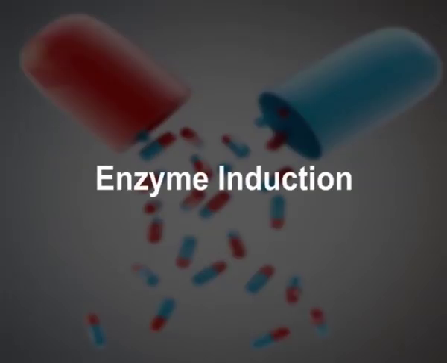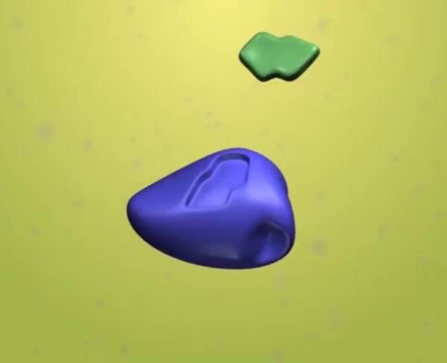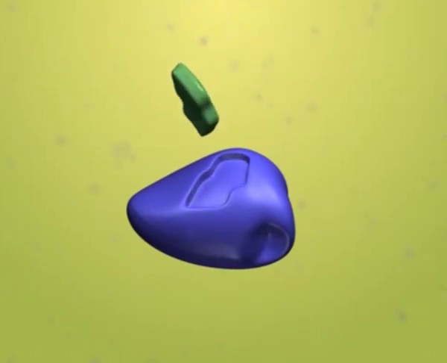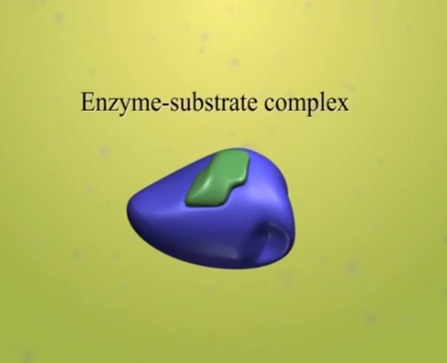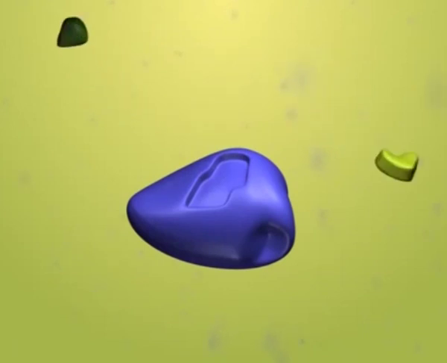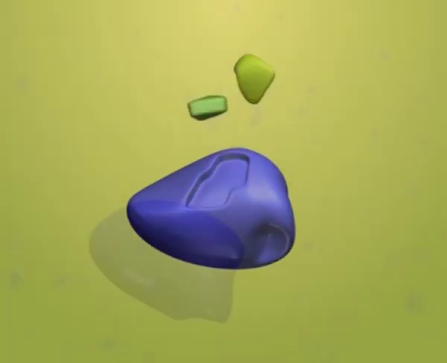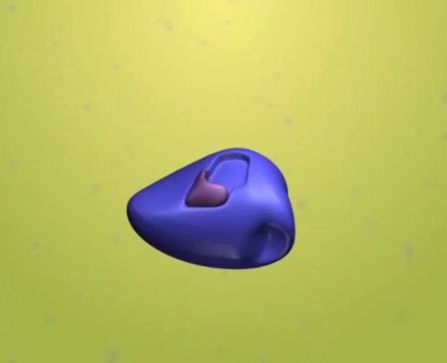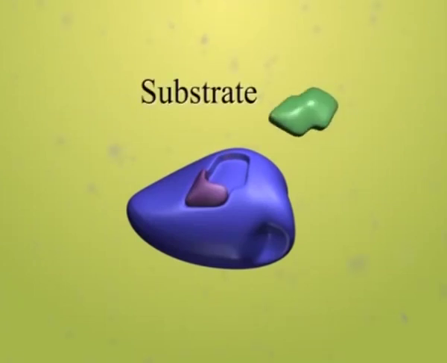A. Enzyme induction. It may result in increased CYP enzyme synthesis, faster drug metabolism, subtherapeutic drug concentrations and the risk for ineffective drug therapy. The rapidity of the enzyme induction is dependent upon the half-life of the inducing drug as well as the rate of synthesis of new enzymes.